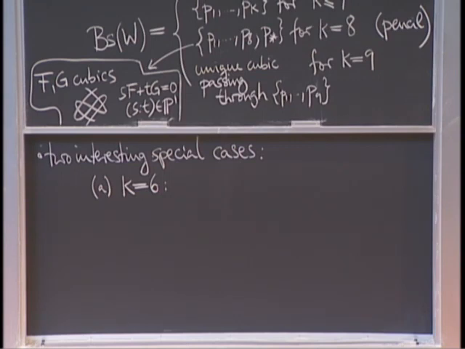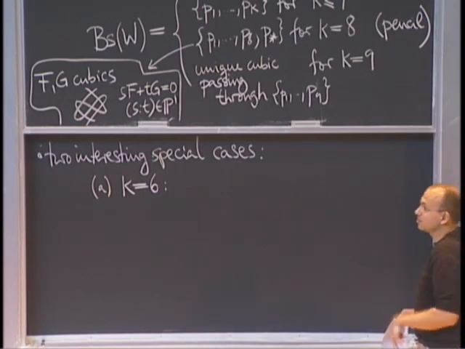So if I blow up the 6 base points of my linear system, I'm going to get a well-defined holomorphic map from the blow-up of P2 in those 6 points to whatever projective space these guys live in. So it's going to be P3 actually, because I'm imposing 6 conditions on cubics. A 9-dimensional family imposing 6 conditions, so there's P3 left.